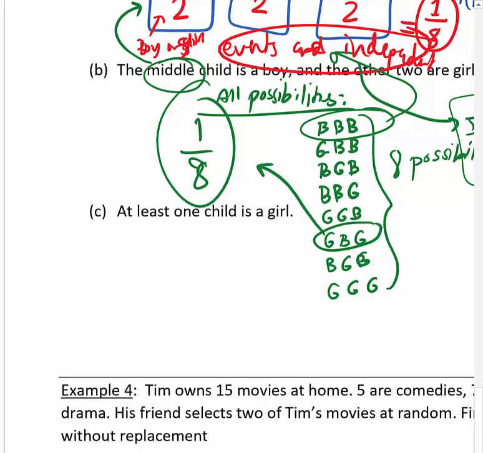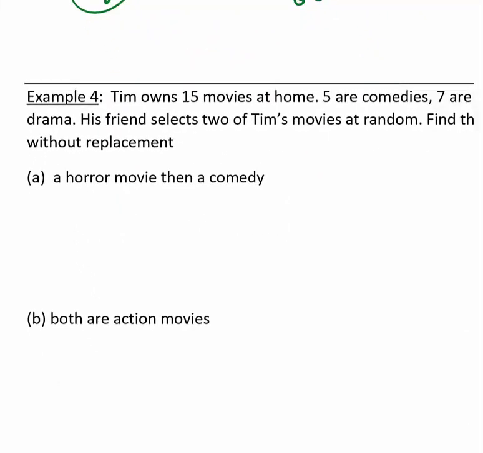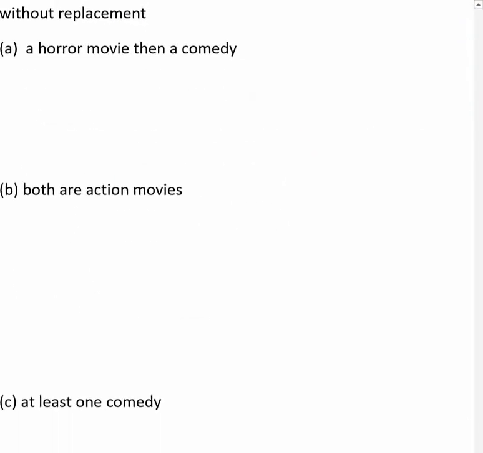You can just count. 7 out of the 8 have at least 1 child a girl. So sometimes if you're stuck, the easiest way is to list all the possibilities, count how many of those have what I want, and go from there. I guess that doesn't always work, because with cards, it's kind of hard to count everything.